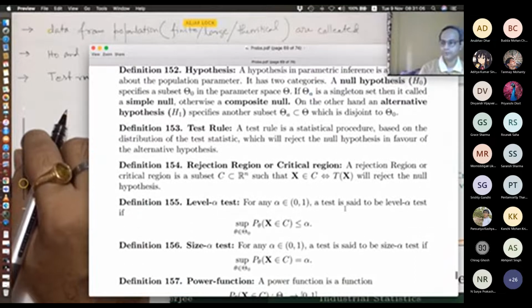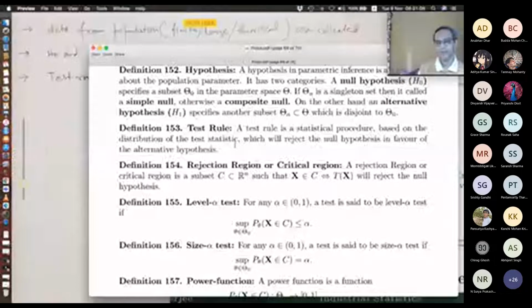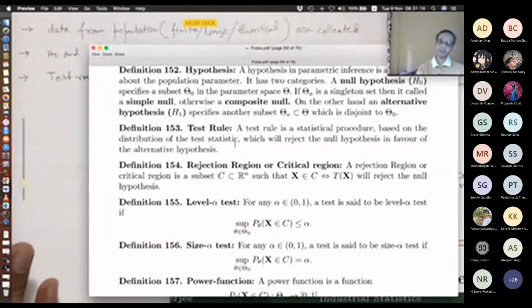So, first of all, we need a test rule to take all these decisions. A test rule is nothing but a test statistic and a decision-making number. If the value of the test statistic is larger than this, I will go by null, or less than this, I will go by null, or in between this, I will go by null.